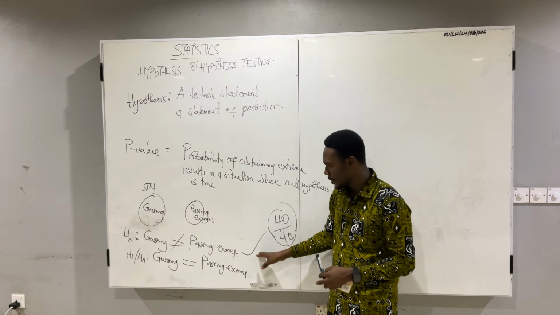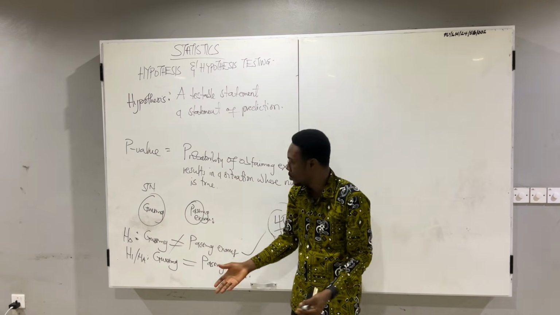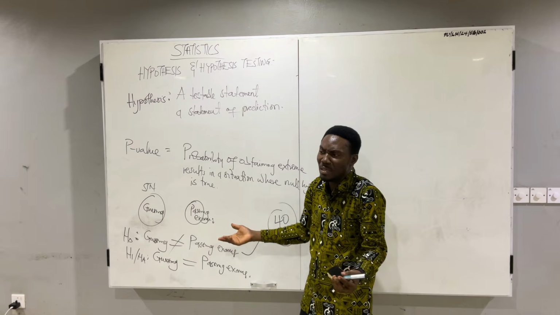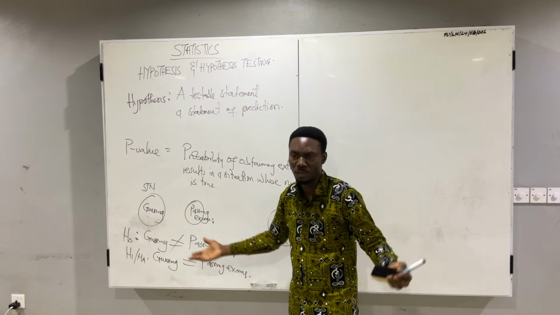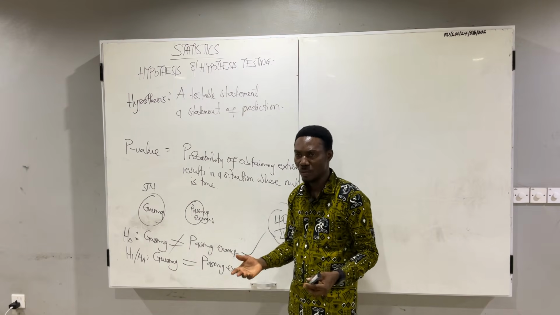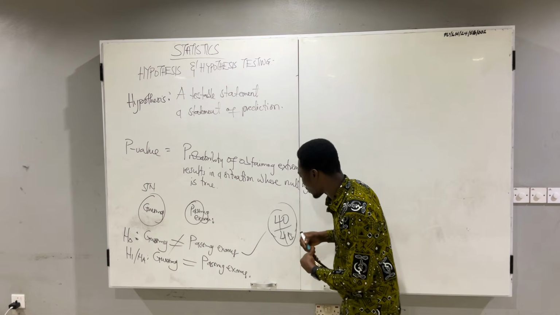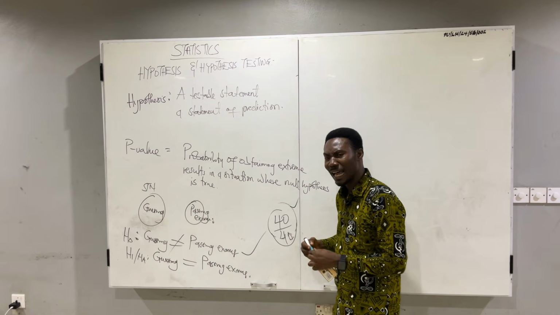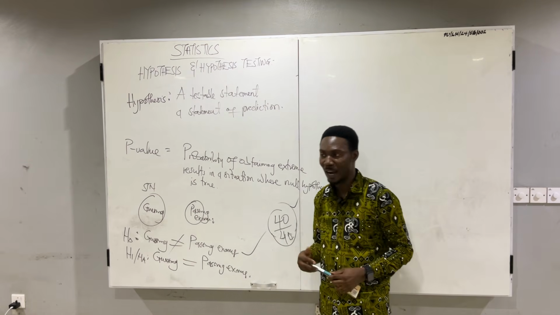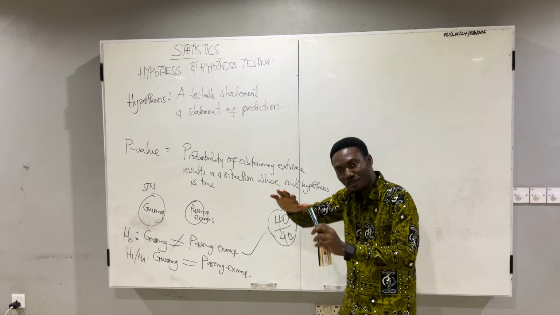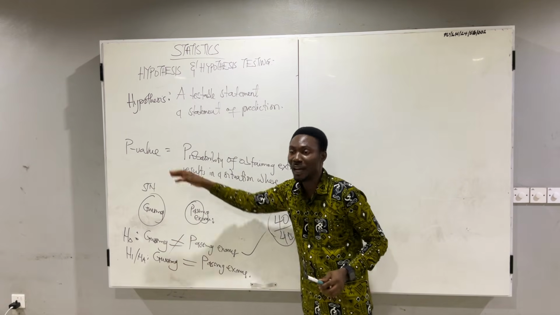So you see, in this situation, we can tell the null hypothesis is true, because there is no relationship between guessing and passing exams. We know that the null hypothesis is true. But some way, somehow, someone has obtained an extreme result that actually supports the alternative hypothesis. That chance, that probability, is what we call the p-value.